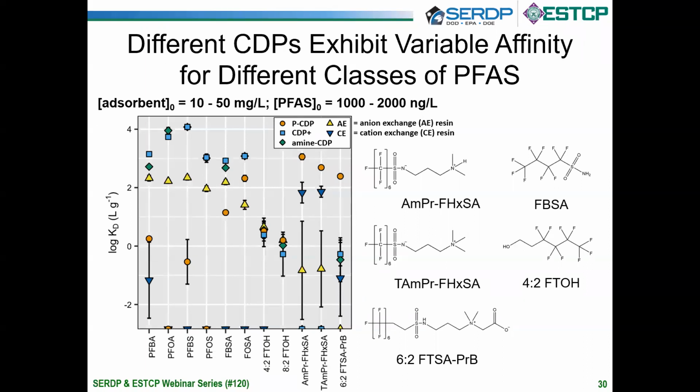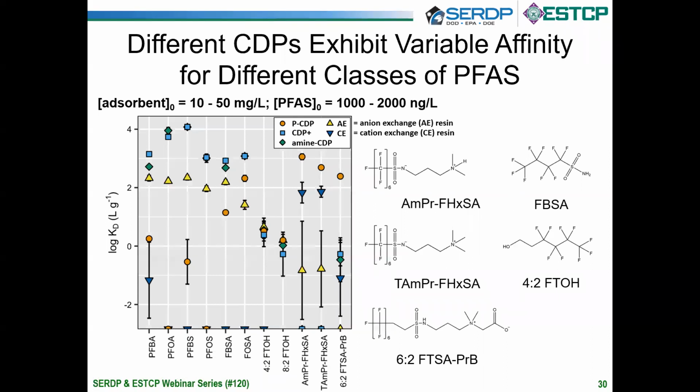And we measured distribution coefficients for 11 PFAS on each of the adsorbents using these experimental conditions. And we included 4 anionic PFAS, shown here in the bottom left, and we included 4 non-ionic PFAS, including 2 perfluorosulfonamides and 2 fluorotelomer alcohols, and 3 zwitterionic PFAS.